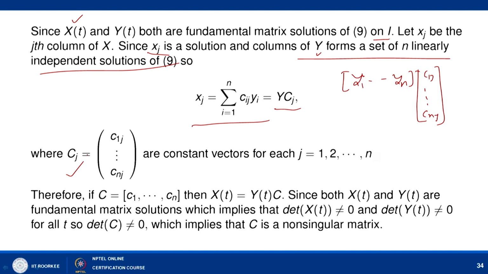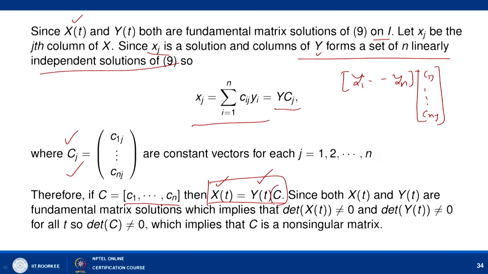So, it means that we can write X(t) = Y(t)C, where C is the matrix whose columns are these C_j's. Now, X(t) is fundamental, so the determinant of X(t) is non-zero, Y(t) is fundamental, so the determinant of Y(t) is non-zero.